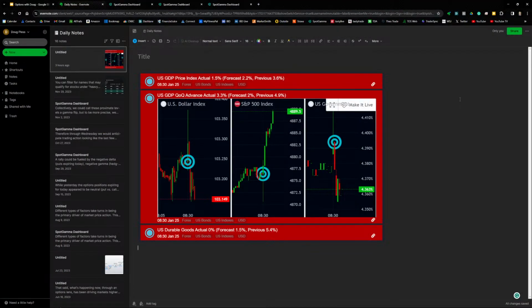So at 8:30 a.m. Eastern Time, first of all, durable goods orders were released. That came in lower than expected, lower than the previous number as well. Also, I guess the more important data was the GDP, which came in better than expected, but lower than previous.